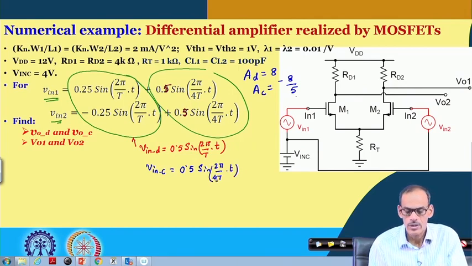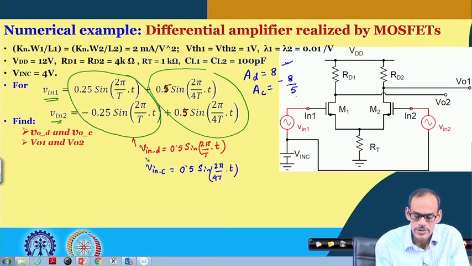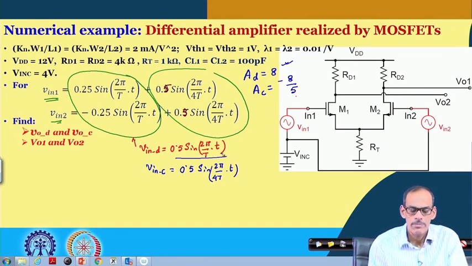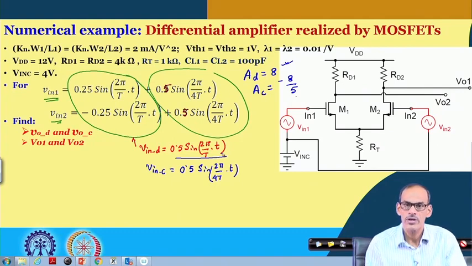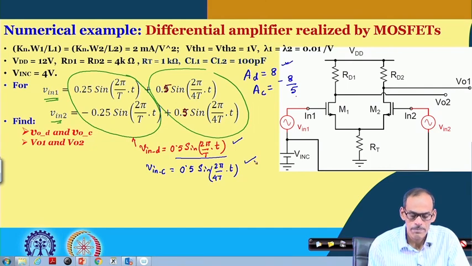Note that since the differential mode gain here is low, intentionally we are taking a relatively higher value of the differential input compared to the case when we talked about differential amplifier using BJT. So, both differential part and common mode part have equal amplitude.